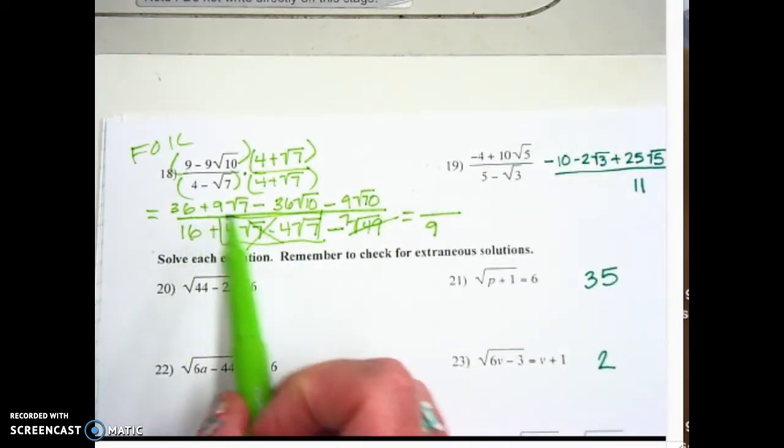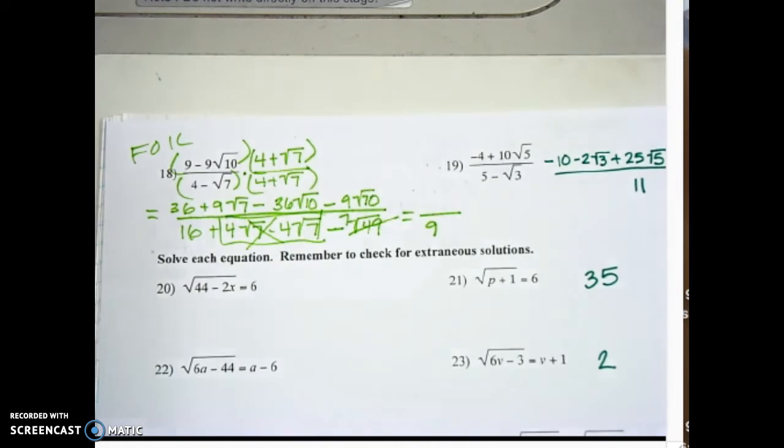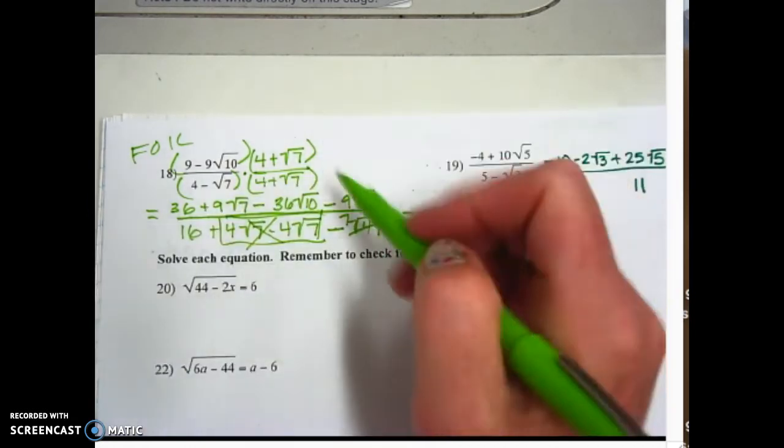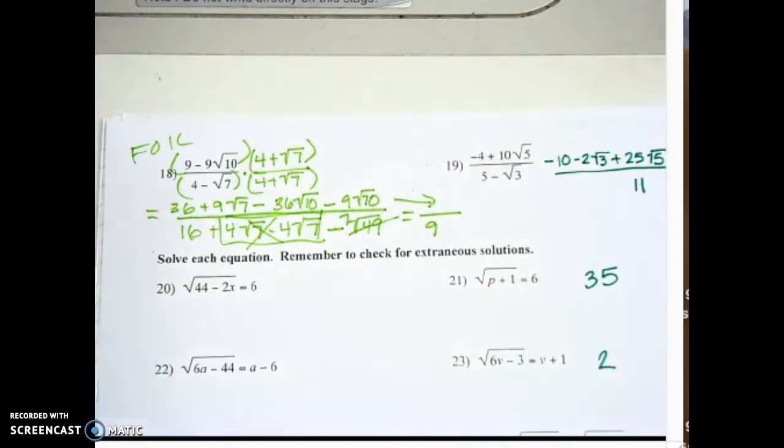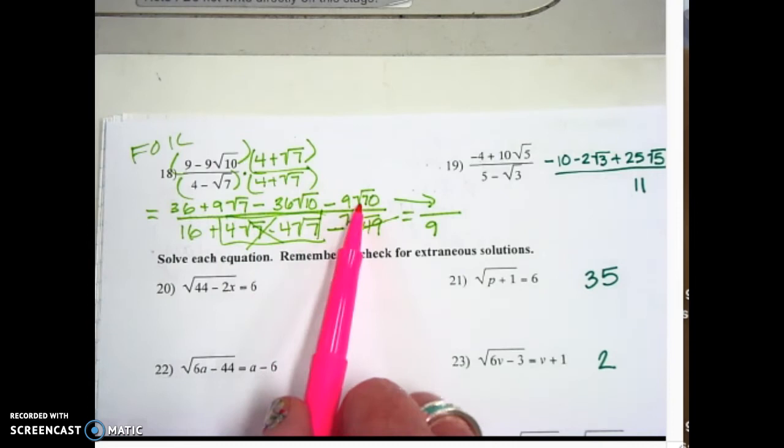In the numerator, can I simplify anything? Does not look like it. So I would just rewrite all of that right here. Except all of these are divisible by 9. I'm seeing that.